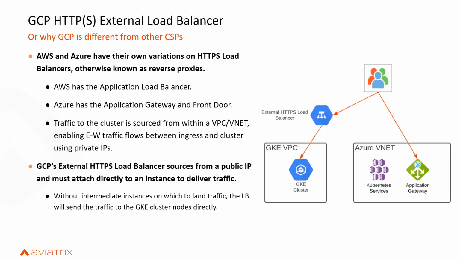However, GCP is a little bit different in that their external HTTPS load balancer actually has a public IP address as the source. It actually behaves a lot more like, say, a Cloudflare or an Akamai or somebody like that, a third party. It doesn't actually insert itself into your VPC. So at that point, you're required to actually land the traffic on an instance.